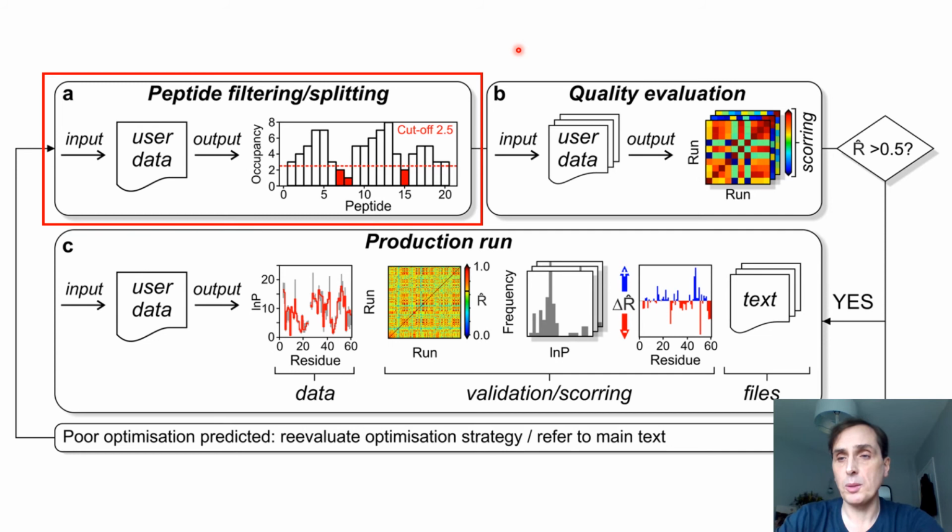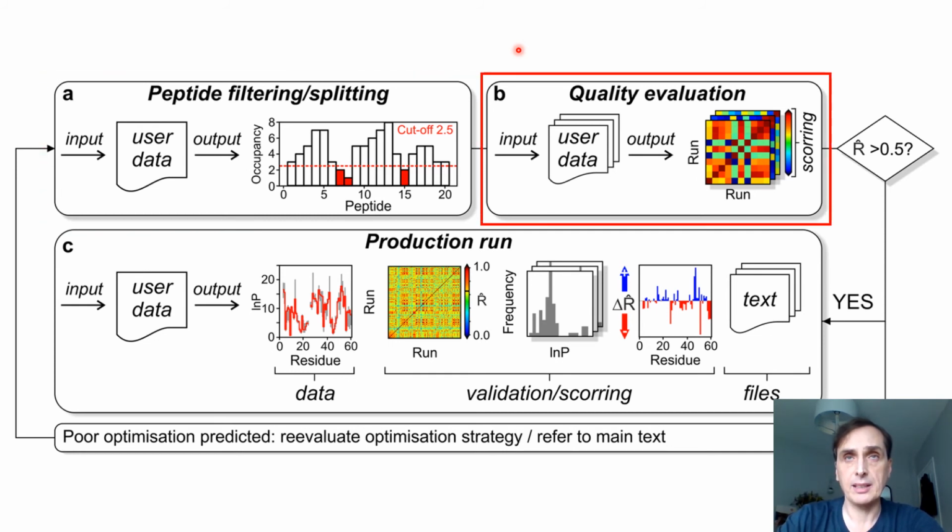And once subsections of data have been created, then we recommend you begin the optimization with an evaluation step. And an evaluation step is the same as a standard optimization. However, you'll need to change the number of replicates from 50 to 10 for the evaluation stage.